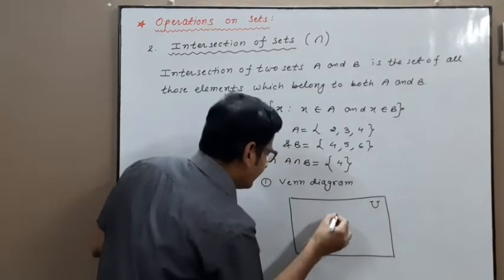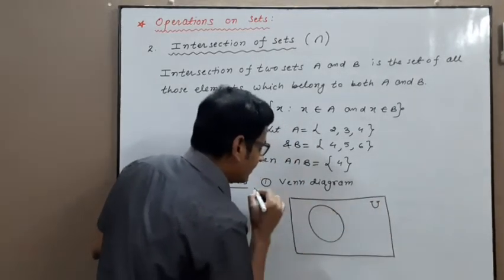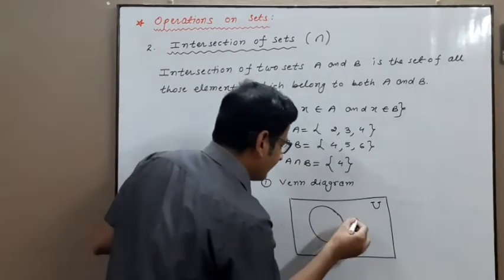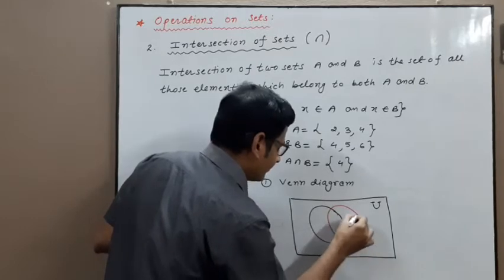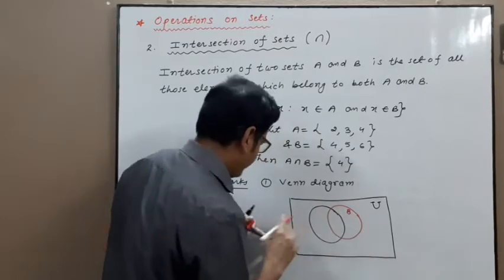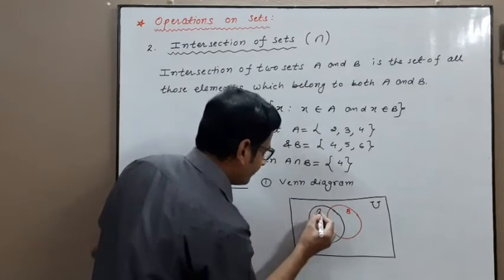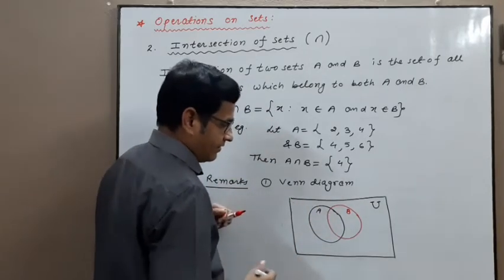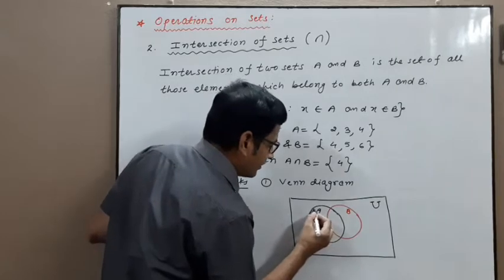Then two sets A and B. Set A and set B. I want to find the common portion of A and B. So just find the common portion.